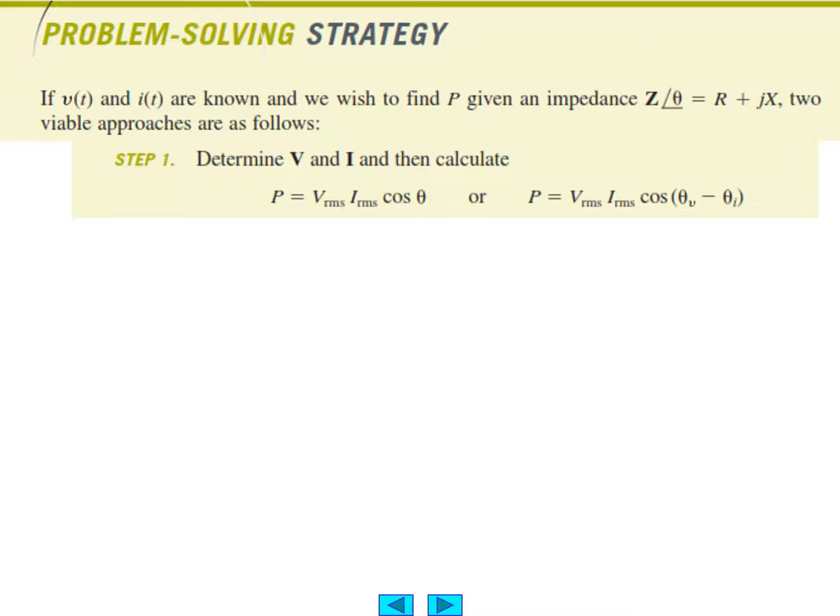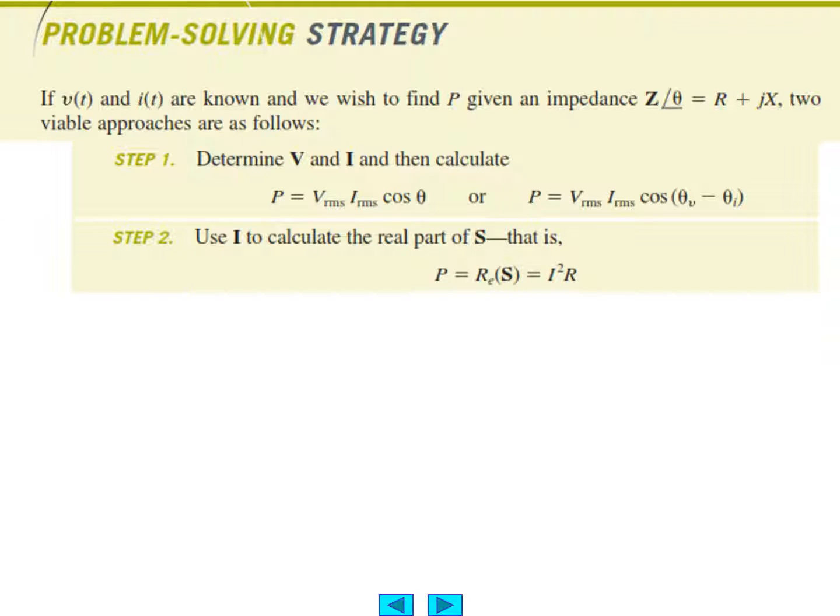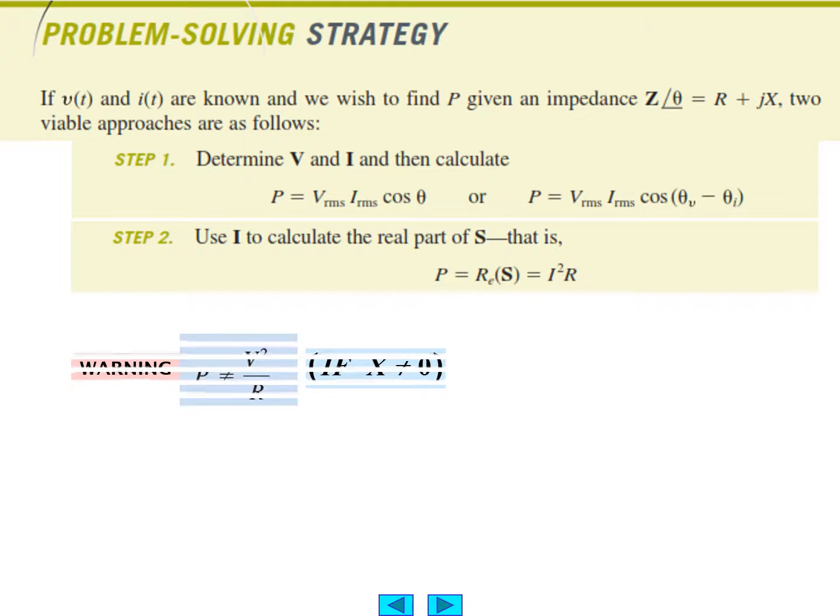Determine V and I and then calculate P is equal to VRMS IRMS cosine theta, or if you will, P is equal to VRMS IRMS cosine of theta V minus theta I. Step 2, use I then to calculate the real part of S, saying that power P that we just calculated is the real part of S is equal to I squared R. However, remember that P is not equal to V squared over R, especially if X is not equal to 0. Of course, P is equal to V squared over R in some situations, especially if X is equal to 0, and that would be called a DC circuit.